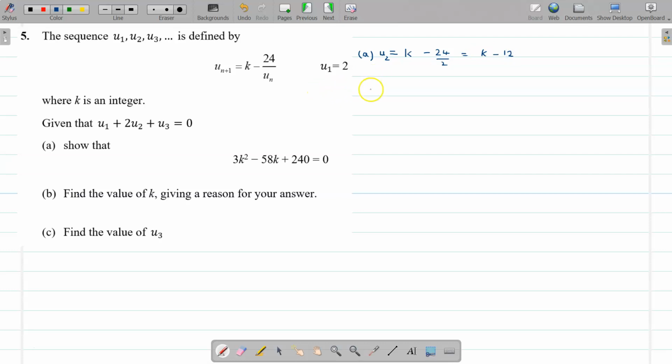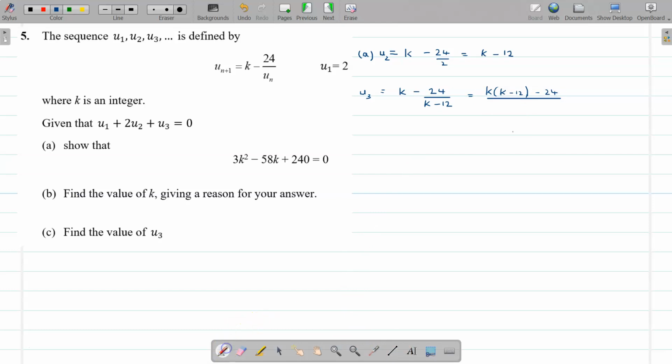Now to find the third term, U3, I'm going to do k minus 24 over U2, which is 24 over k minus 12. I'm now going to put that with a common denominator of k minus 12. So that's equal to k minus 12 minus 24, all over k minus 12.